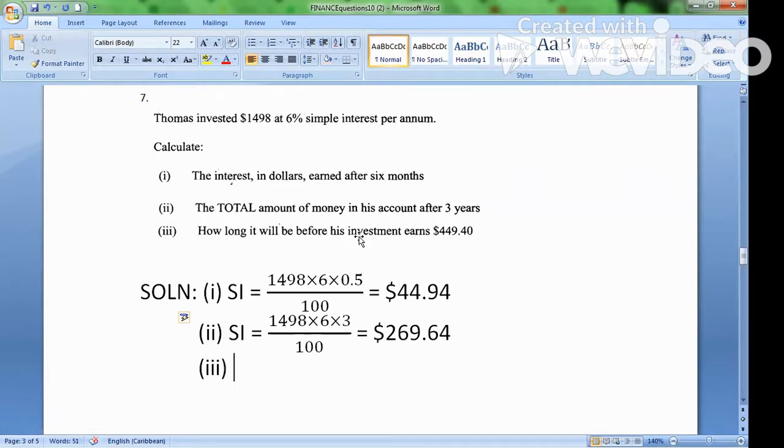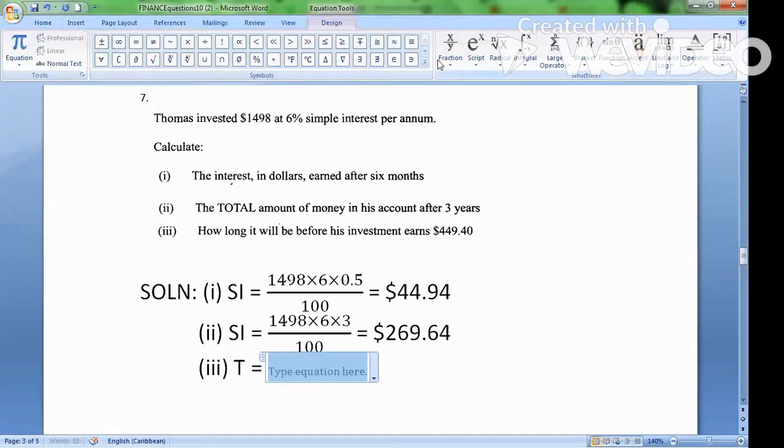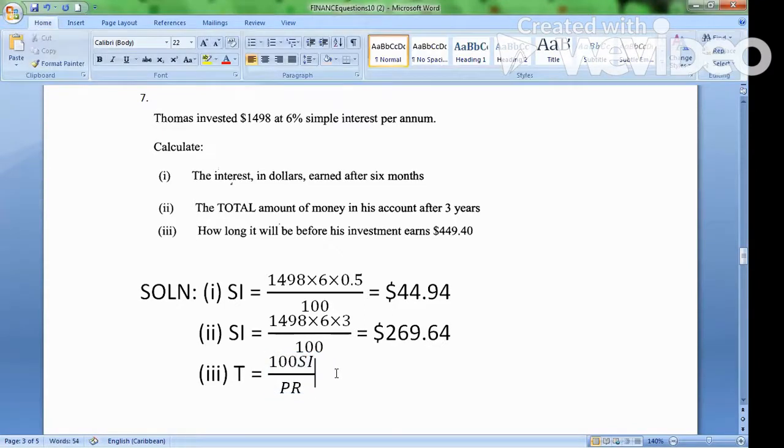Time equals 100 times the simple interest over P and R, right? So we use the time formula.